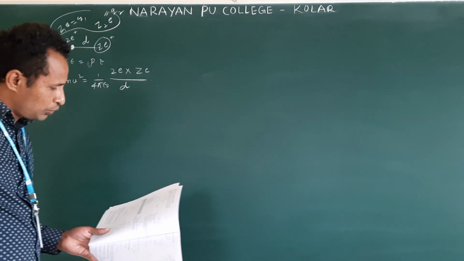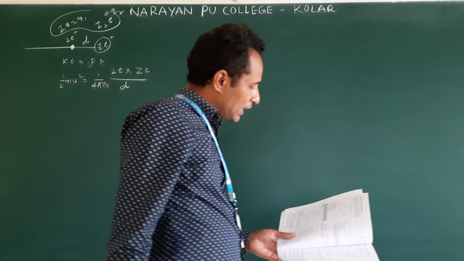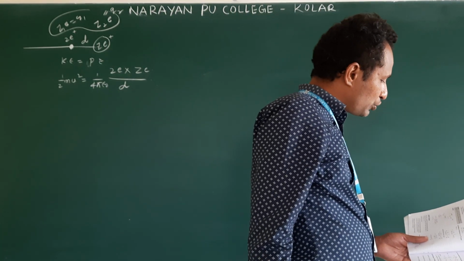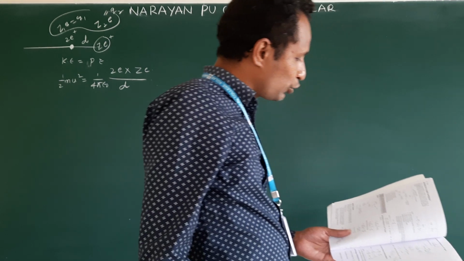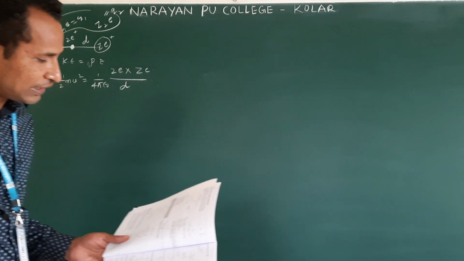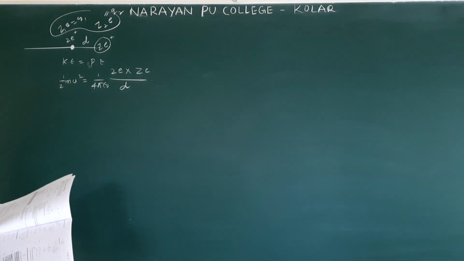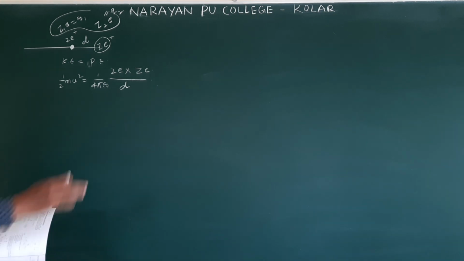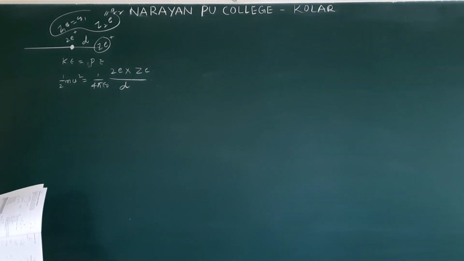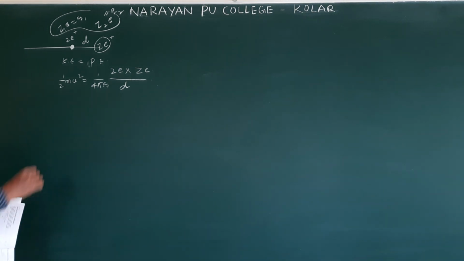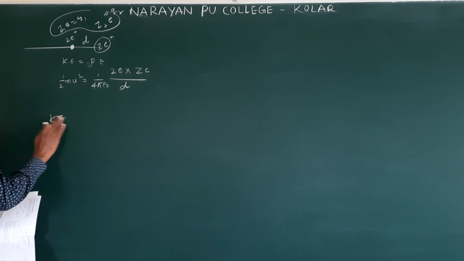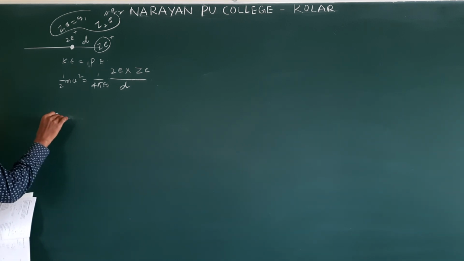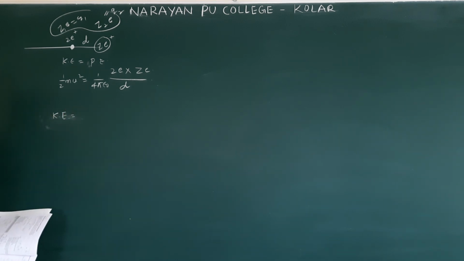Right? Now, example problem: calculate the nearest distance of approach of an alpha particle of energy 2.5 MeV being scattered by gold. They are asking for the nearest distance, the closest approach, that is d. What is given? The kinetic energy of the alpha particle is given. The energy of the alpha particle is there in the form of kinetic energy.